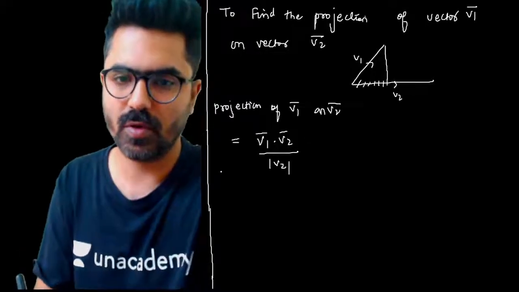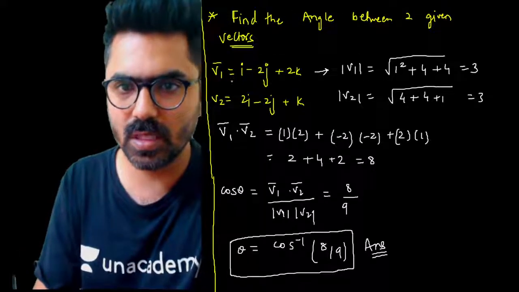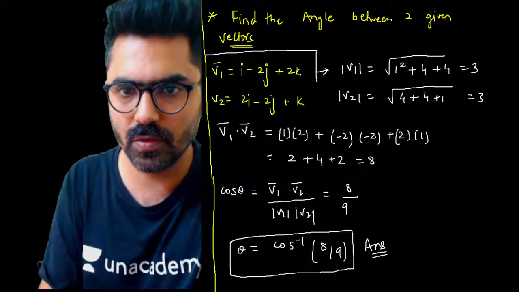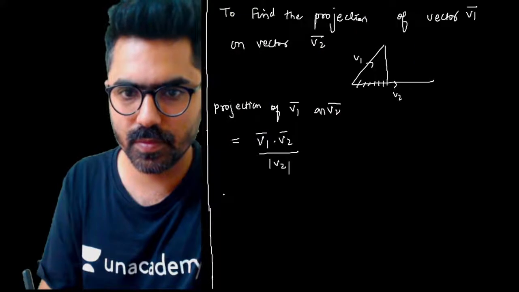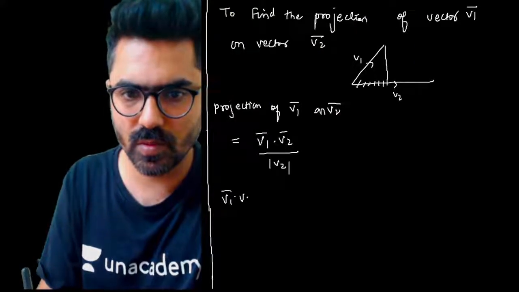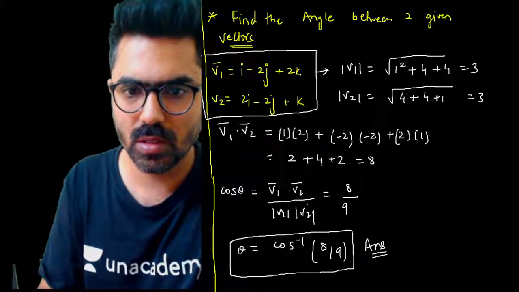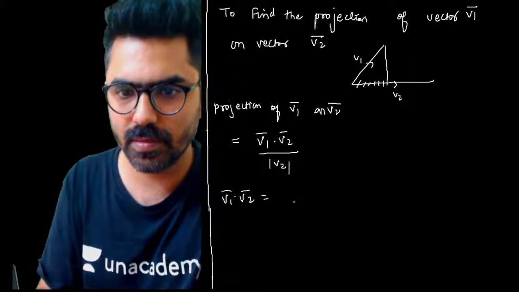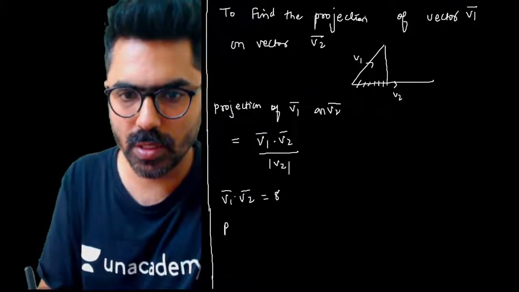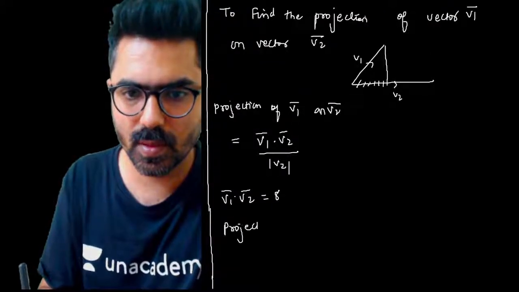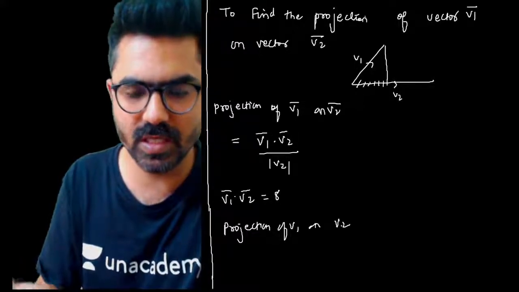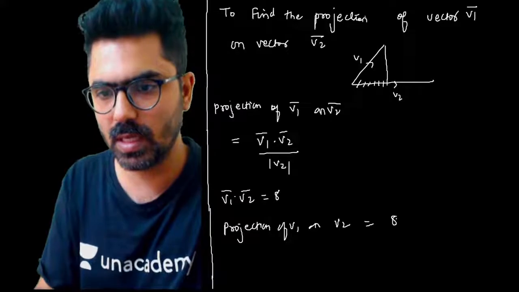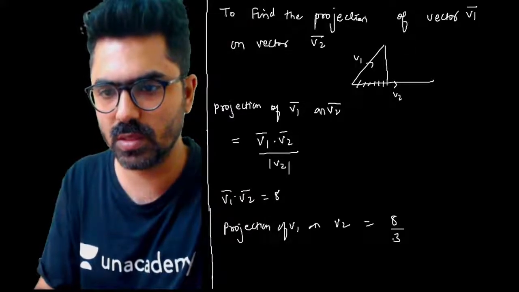Okay. So for example, in this case, if you want to find the projection of V1 on V2, so we will find V1 dot V2. V1 dot V2 in this case was what? In this case it was 8. So projection of V1 on V2 in the previous example is 8 upon mod V2, which is 3.